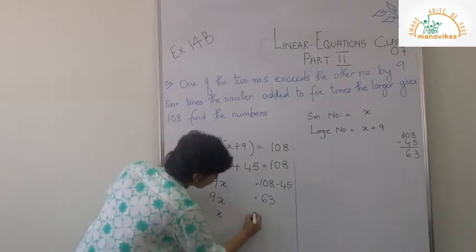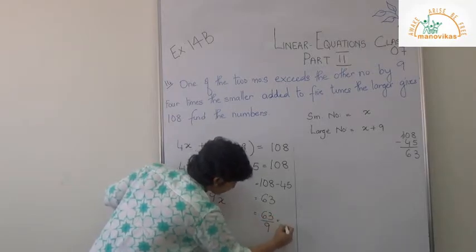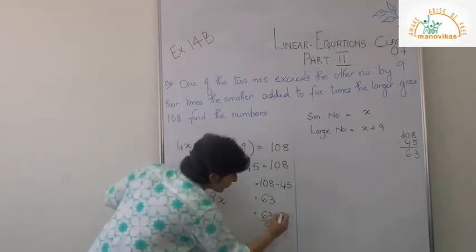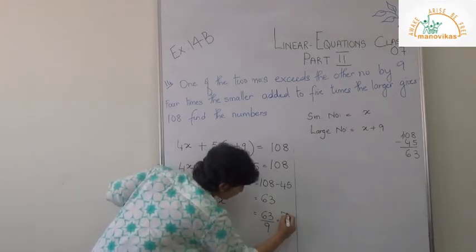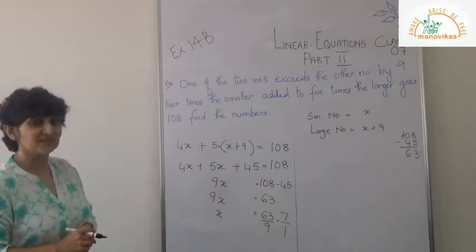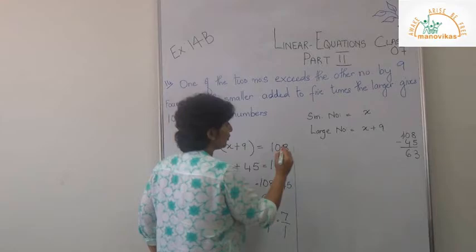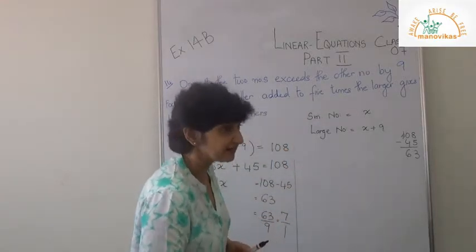So x is equal to 63 upon 9. So 9 ones are 9, 7 nines are 63, correct? 9 times 7 is 63. So x is equal to 7. So with this I have found out my numbers.